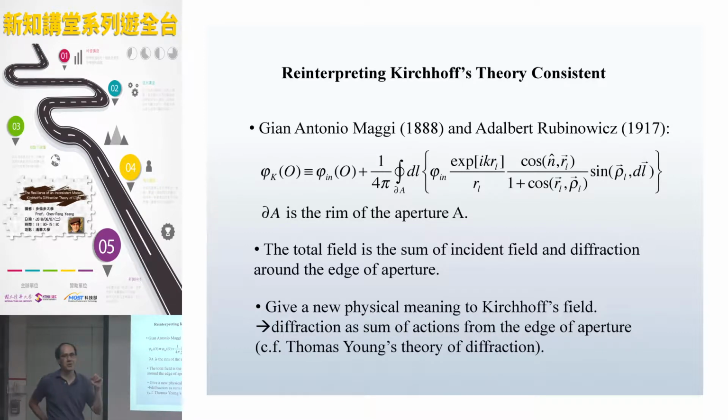Both expressed the Kirchhoff diffraction integral not in terms of the surface integral over the aperture, but in terms of the incident field plus a line integral around the edge of the aperture.